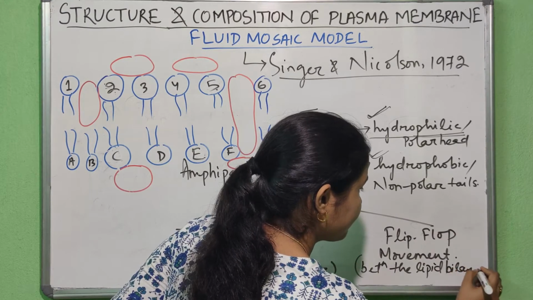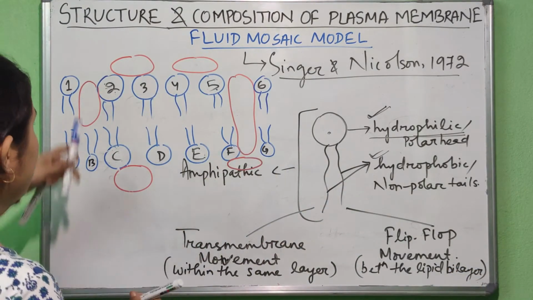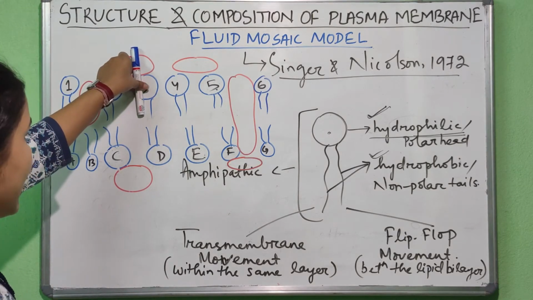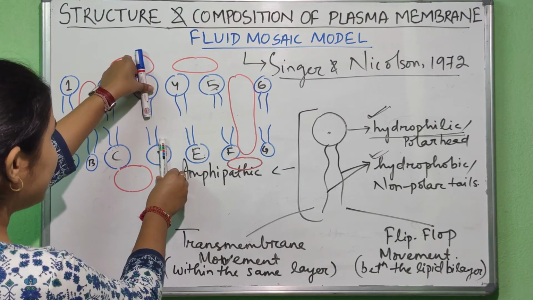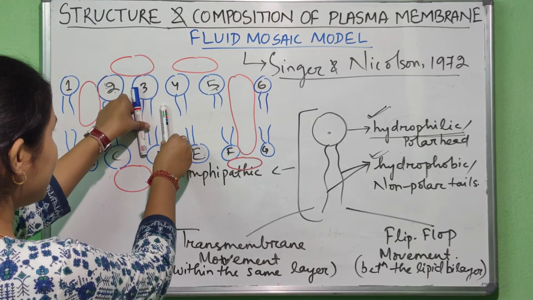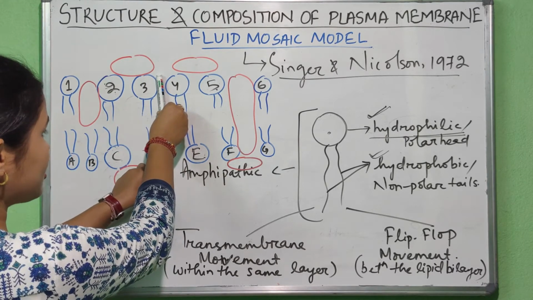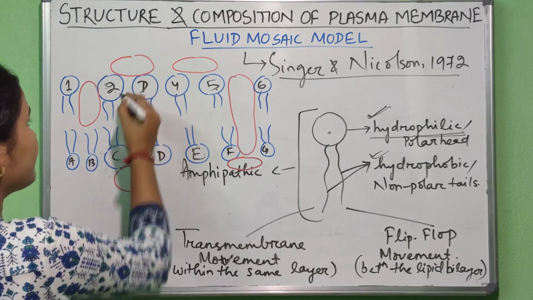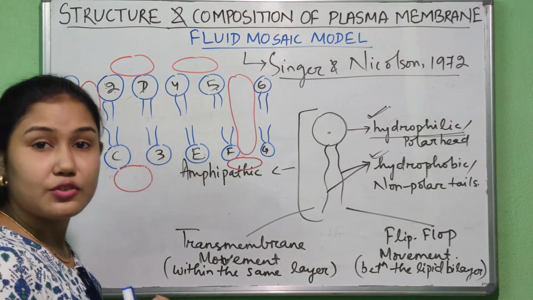This is lipid number 3 and this is lipid D. So D will move towards the position of 3, whereas 3 will move towards the position of D. So this will be lipid D, whereas this will be lipid number 3.